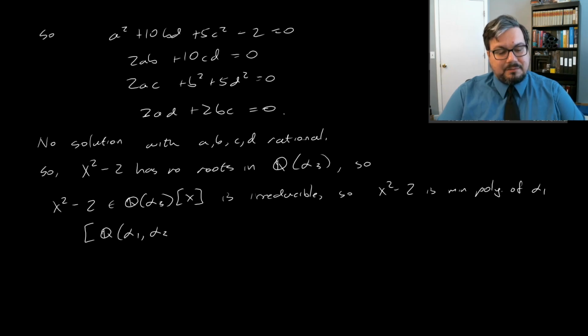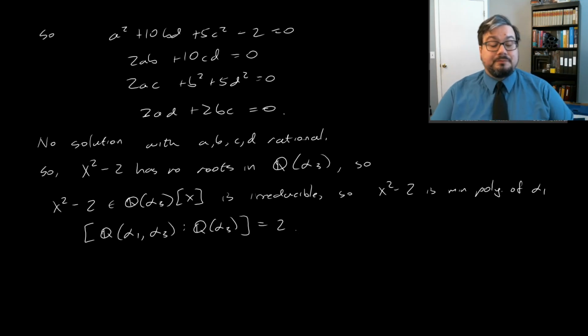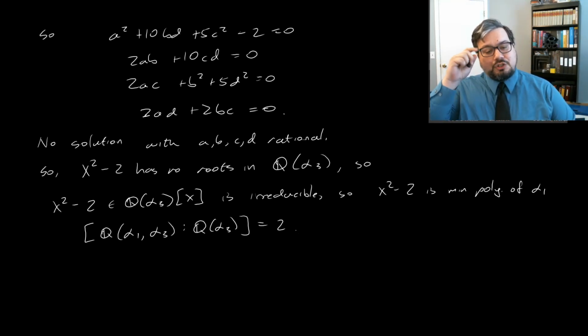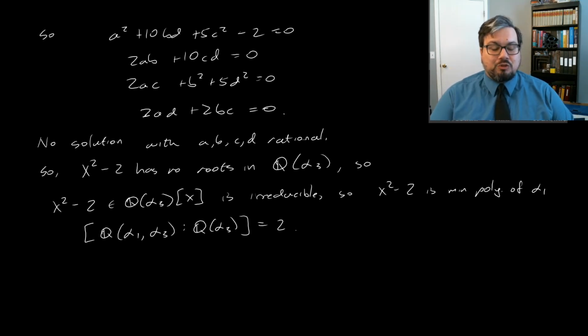So that means that the degree of Q(alpha 1, alpha 3) over Q(alpha 3) is equal to 2. So now we actually have determined the degree of the last extension that we needed to fill in that path in the diagram.